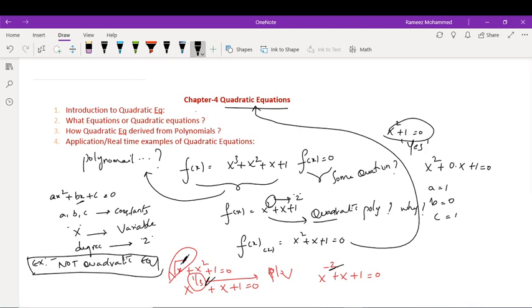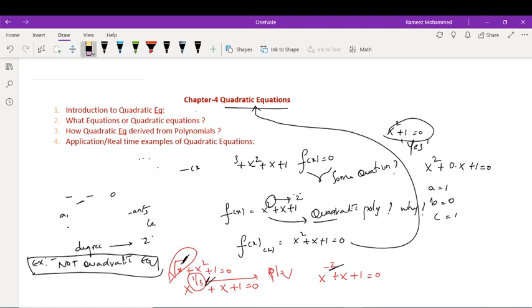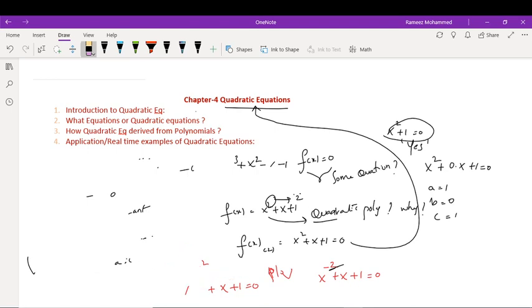Now let's look at how a quadratic equation would appear in terms of a graph.